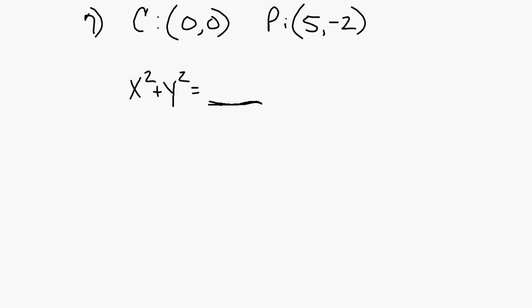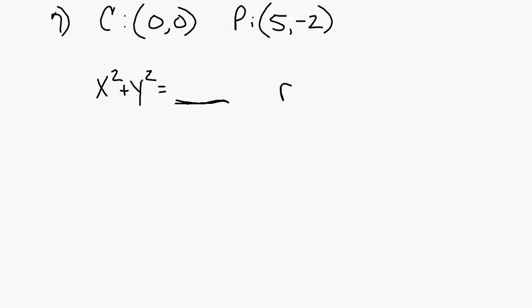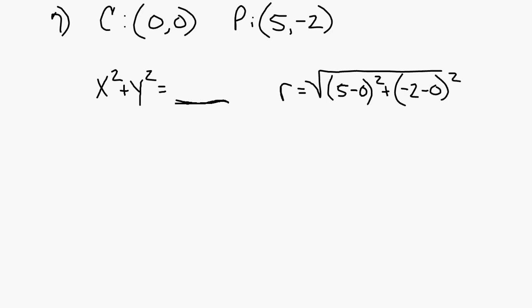So your radius is going to be equal to the square root of your x₂ minus your x₁, so that's (5 − 0)², plus your y₂ minus your y₁, that's (−2 − 0)². So your radius is equal to the square root of 5² is 25 plus (−2)² is 4.